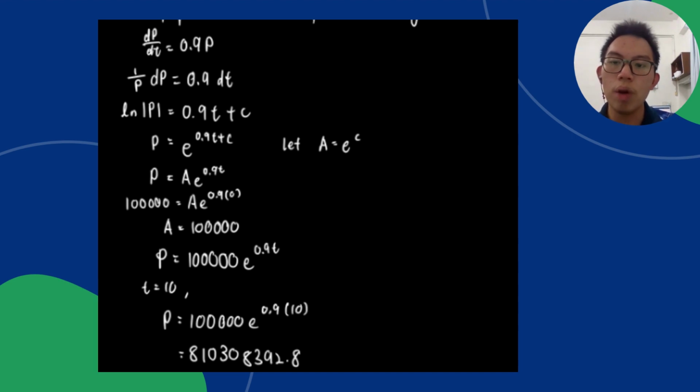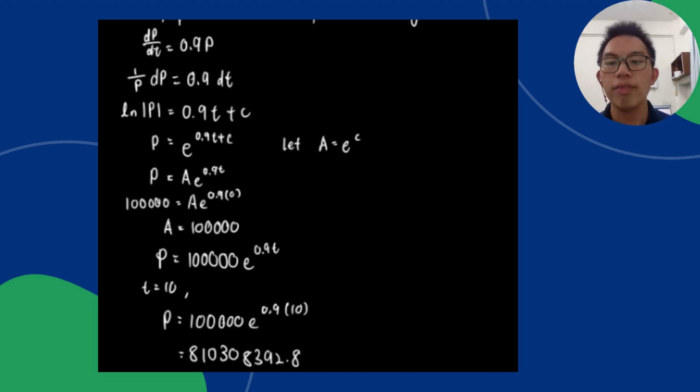This gives 1 over p dp equals 0.9 dt, and then we integrate it. We'll find that ln p equals 0.9t plus c, and then that the final equation is p equals a e to the power 0.9t, where a is actually equal to e to the power of c.